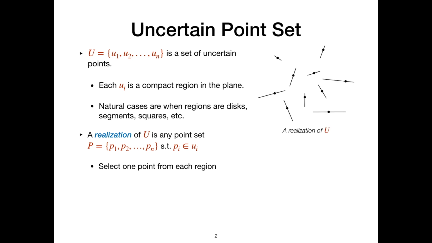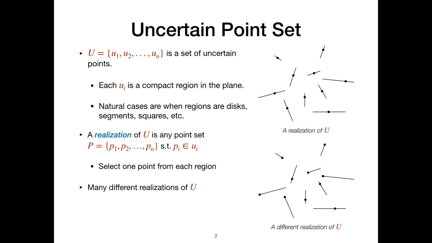Here is an example of an uncertain point set modeled by a set of segments, and we select one point from each segment to form a realization. For the same set of uncertain points, there are many different realizations. For example, this is a different realization of the same set of uncertain points. We use real U to denote the set of all possible realizations of U.